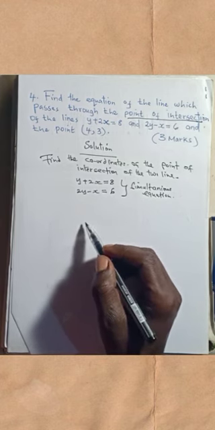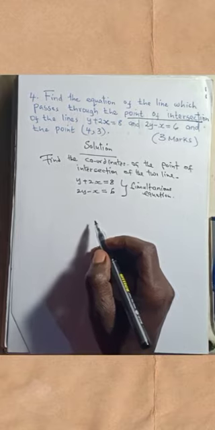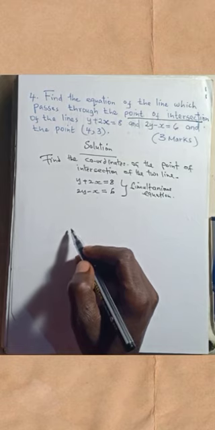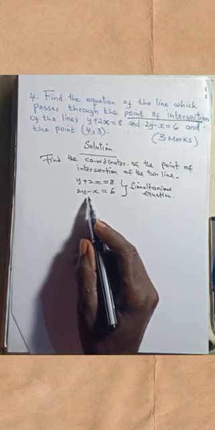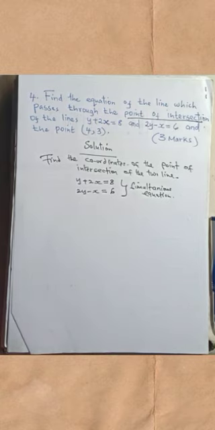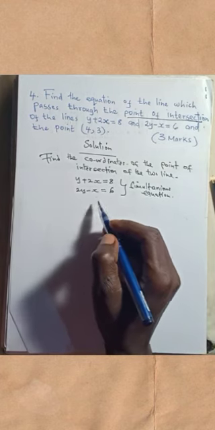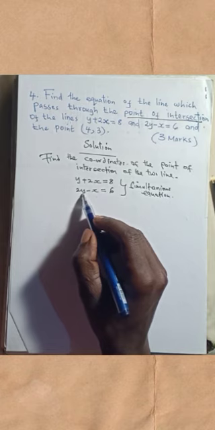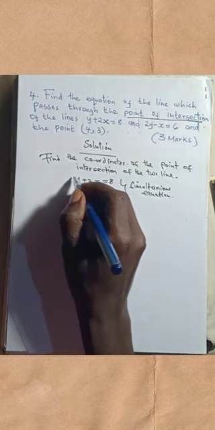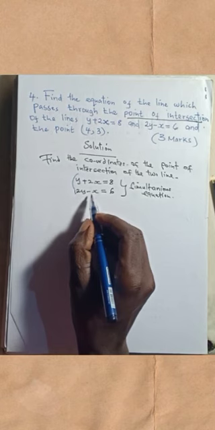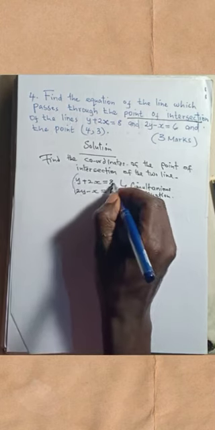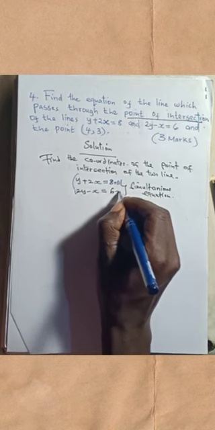For us here, we can use either elimination or substitution. To use elimination, we need to eliminate one of the unknowns, which means we need to make the coefficients of one of the unknowns the same, and in that case we will multiply. We call this one equation 1 and this one equation 2.